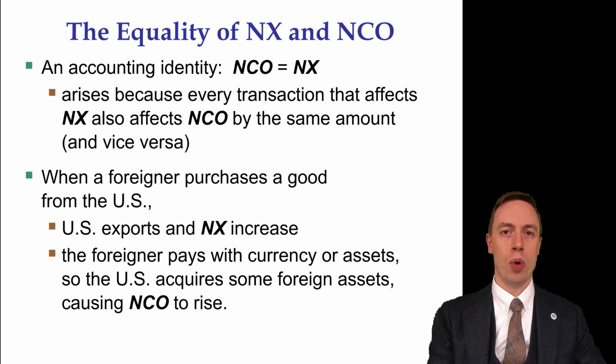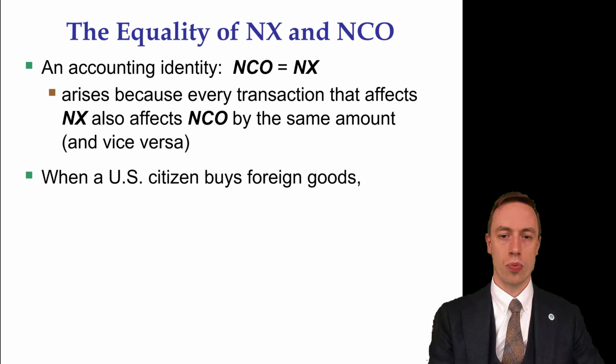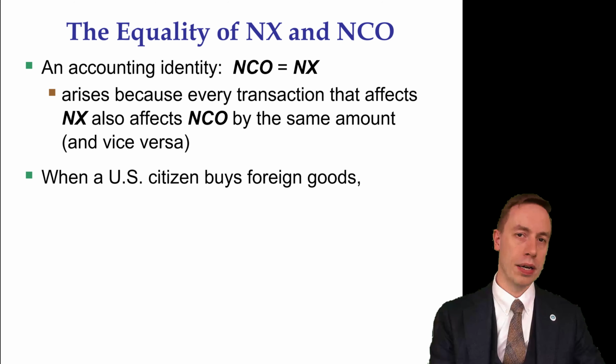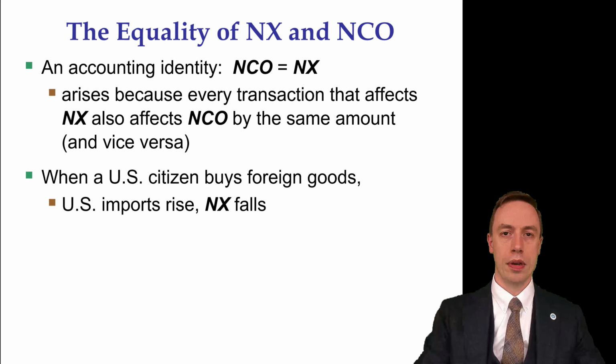Let's run this example one more time using an import. So here, US net exports are going to fall, imports are subtracted, and simultaneously net capital outflow will fall by the same amount, since domestic assets being owned by foreigners are subtracted in net capital outflow. So we've got a US citizen buying a foreign good this time around. Step number 1.